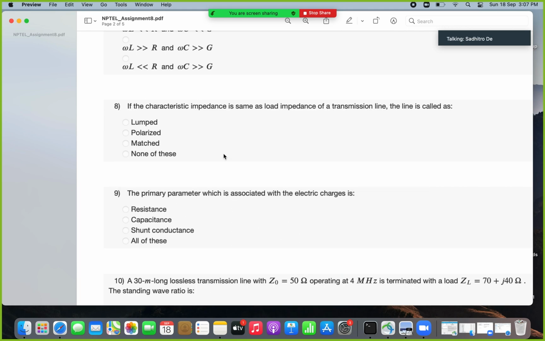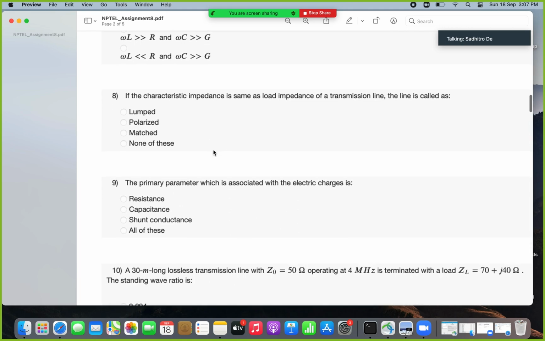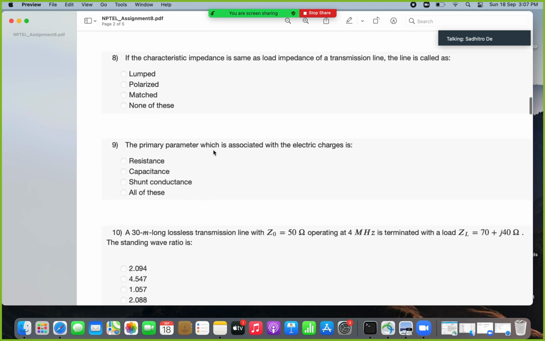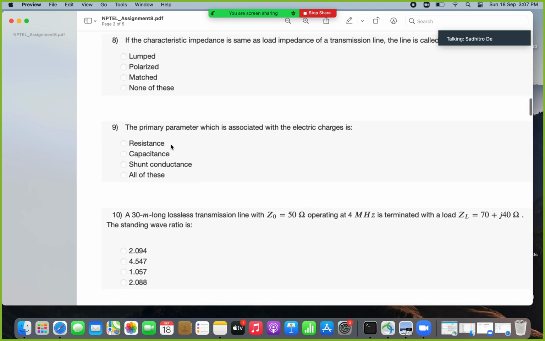Yes, it is matched. So like you said earlier, there won't be any reflection if you have matching over here. Question number 9 says that the primary parameter which is associated with electric charges is what? Out of these three, which one is associated with electric charges?